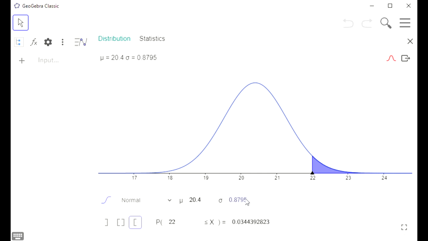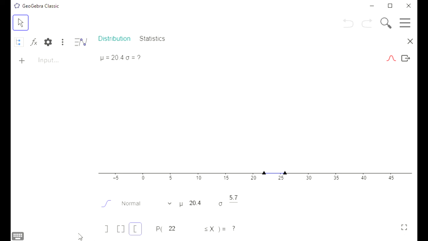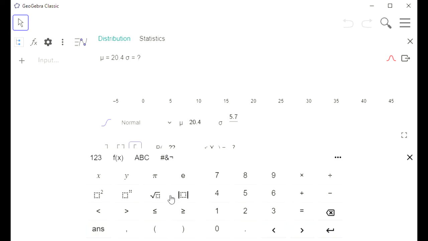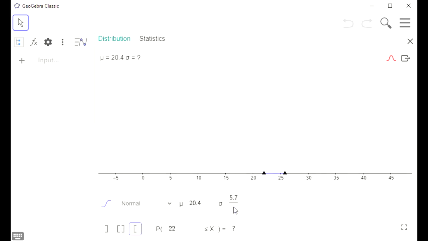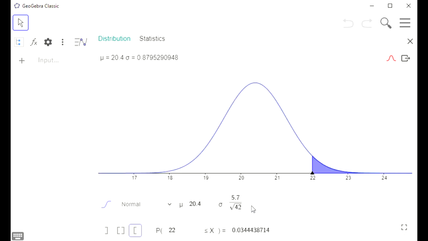So we can put the 5.7 divided by square root, let's see, I'm going to go SQRT 42, and we get pretty much the same answer, at least to the 4th or 5th decimal place.